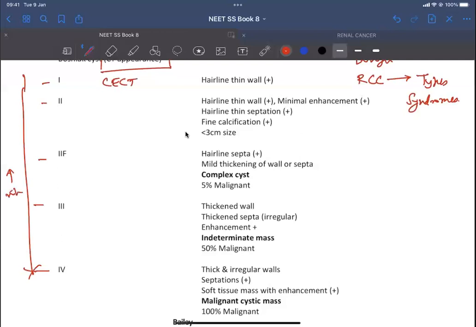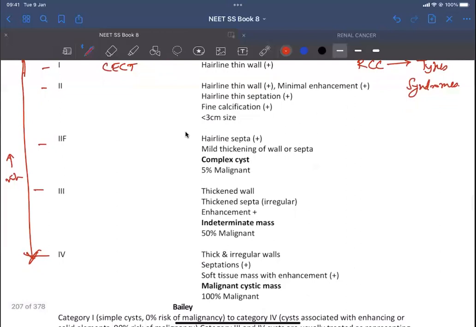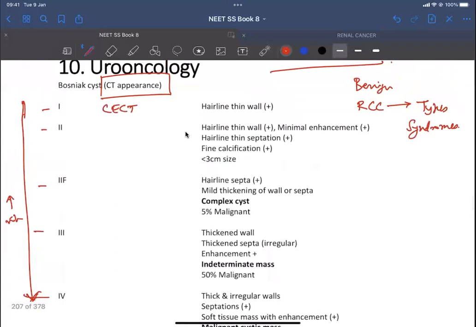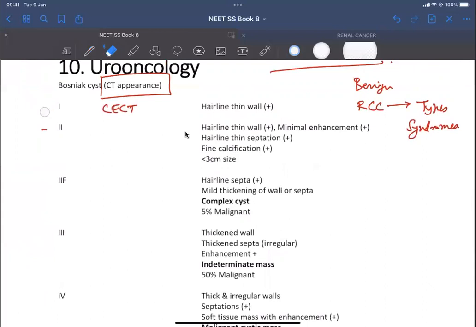1 being a simple cyst, very minimal, next to 0 risk for cancer, and grade 4, which is a very high chance of being cancer. I agree with the description of the cysts, but the percentages vary between different books.